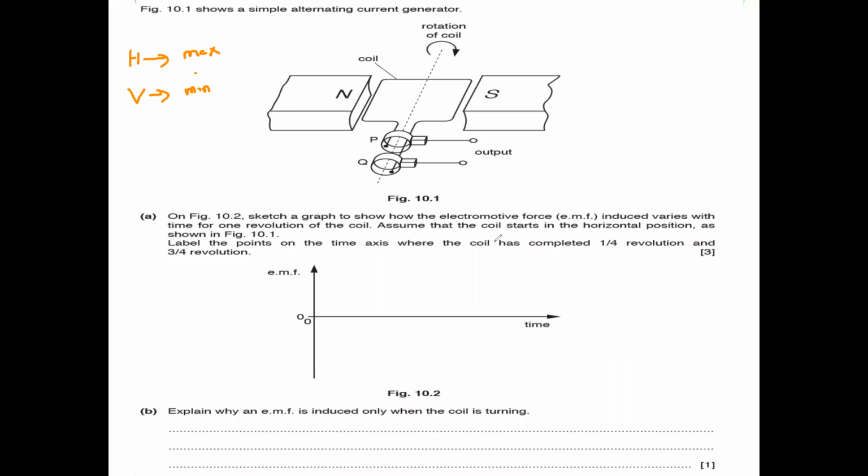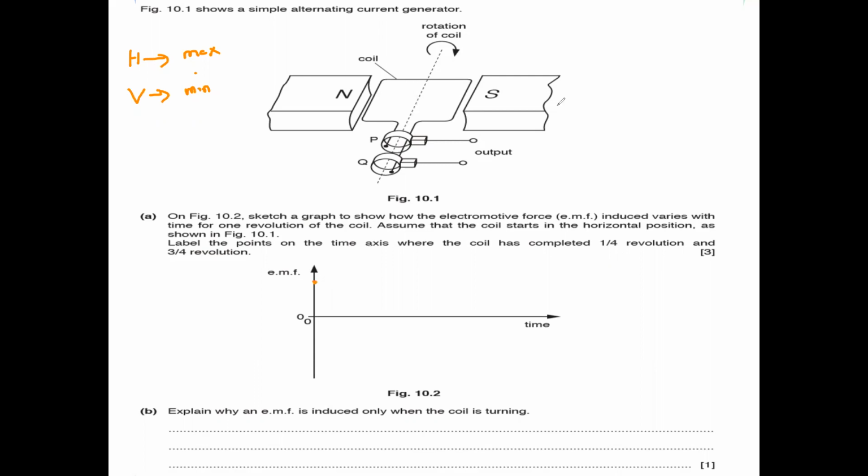Assume that the coil starts in the horizontal position as shown in figure 10.1, and label the points on the time axis where the coil has completed a quarter of the cycle and 3/4 of the revolution. So if it is horizontal, we'll always start with a maximum.